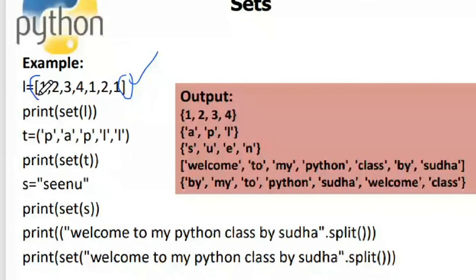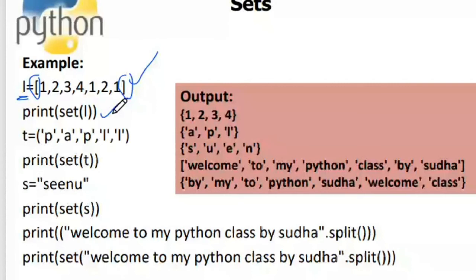Okay, and in the next case, I have used the explicit conversion mechanism. I just passed L into this particular set. So what happened over here? L is passed and L will be converted into a set, and it is printed because I have another print method over here. So this set is returning me a set, the set it created.